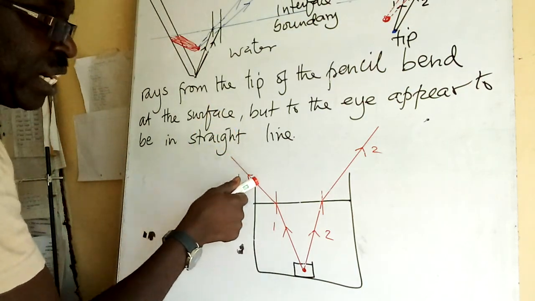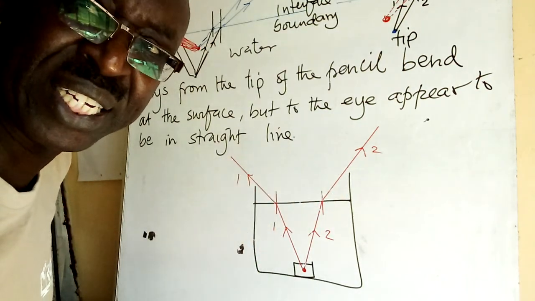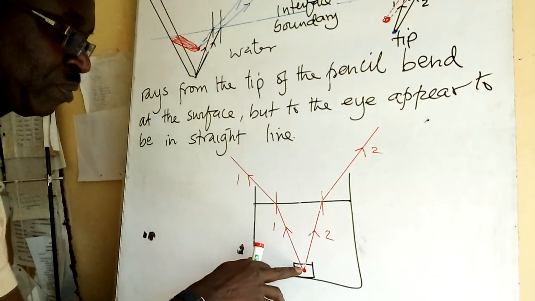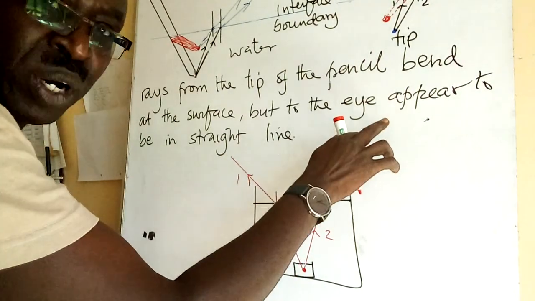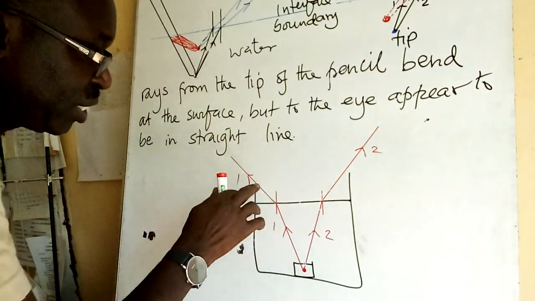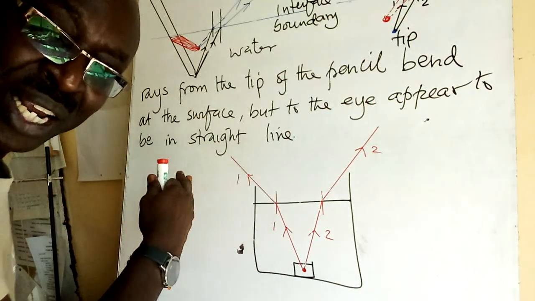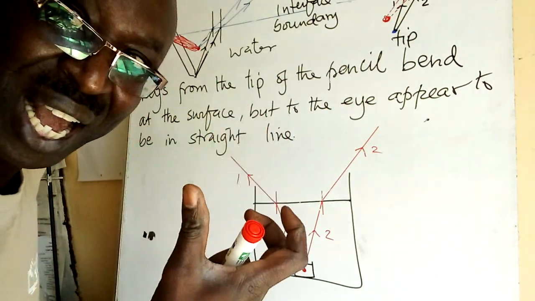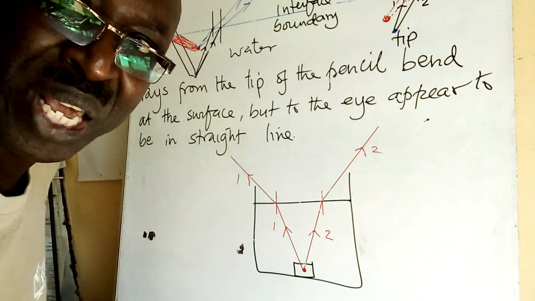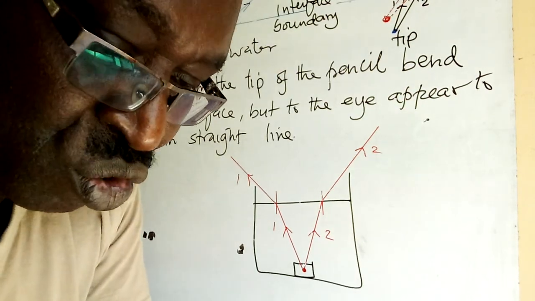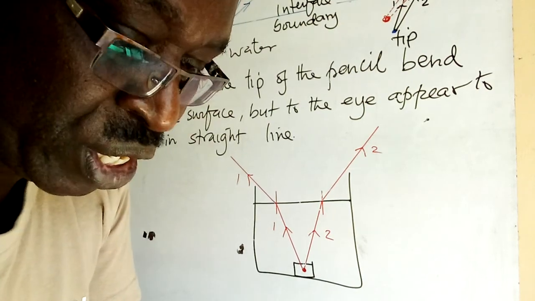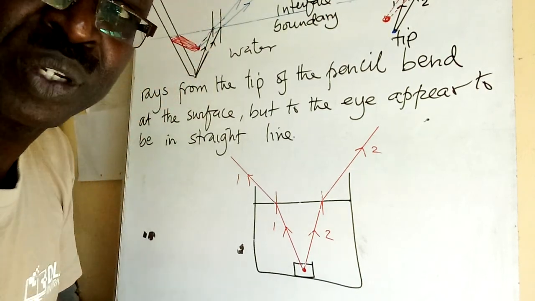So these are the real rays. Ray number 1 from the coin is this one. Ray number 2 is this one. At the interface, they bend. To the eye, the rays appear straight. So I'm going to do it using blue now.